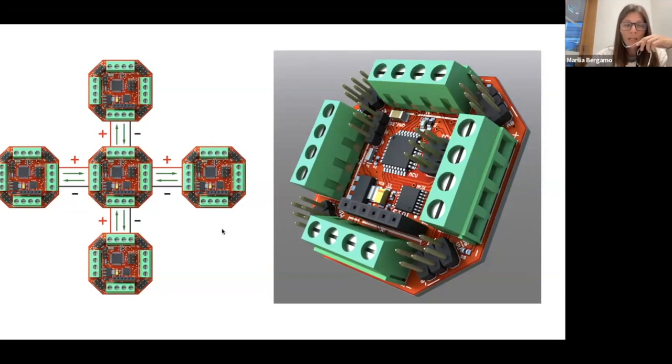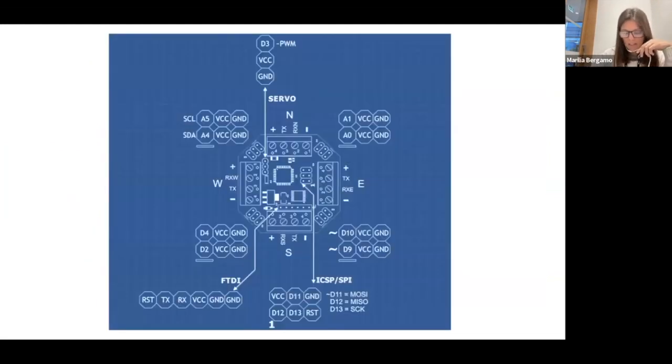We wanted to make it available as open source, and also to make it execute this, creating a plant and making sure it was working. If you have a look at the hardware, it is designed as an octagonal robotic cell.